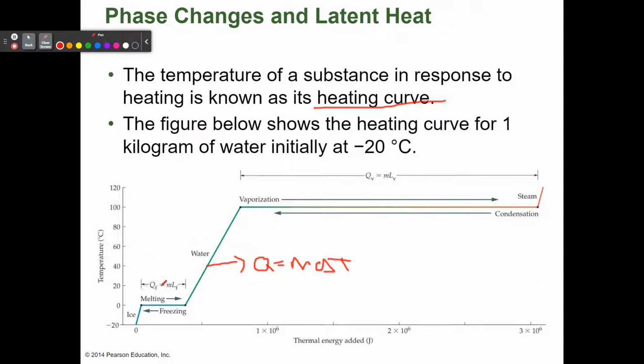So that's Q equals mL, L for the latent heat. So this would be the heat of fusion equal to the mass times the latent heat of fusion. Heat of vaporization is equal to m times the latent heat of vaporization. And the diagonal lines are always going to be Q equals mc delta T.